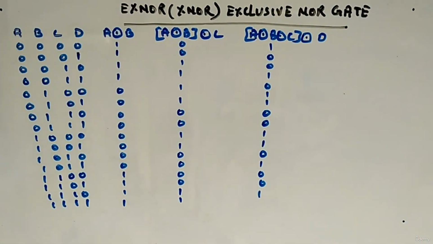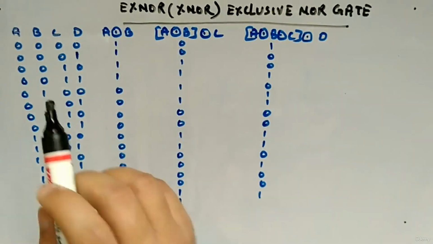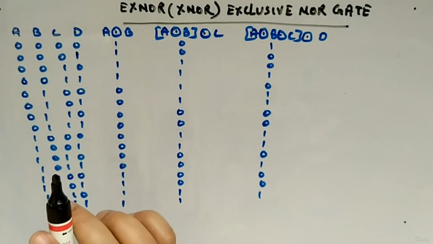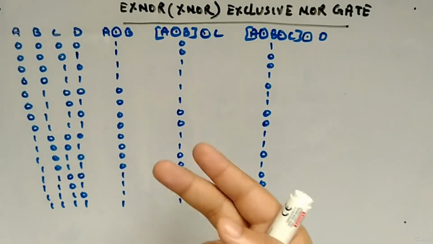So the point I am trying to make is, XOR depends upon the number of ones in the input as well as how many inputs you are applying. If you are applying 2 inputs, that is even, so it will become an even number of ones detector.